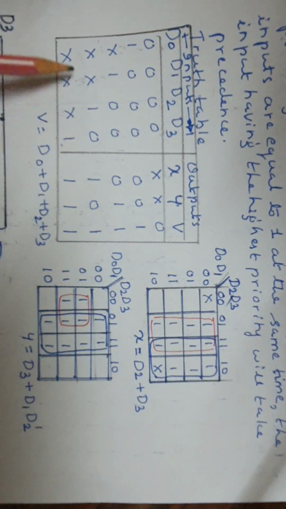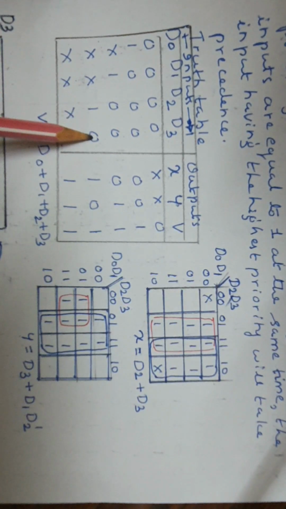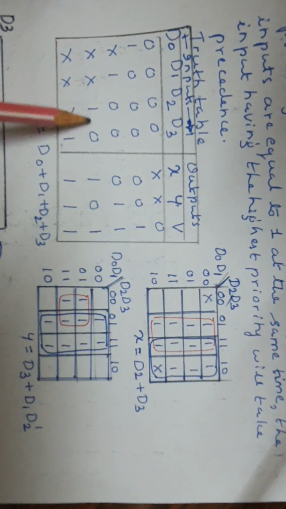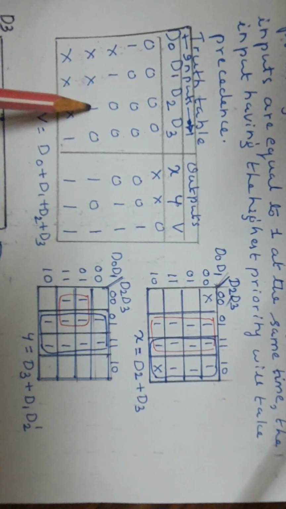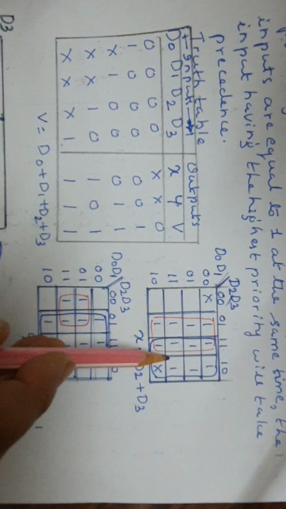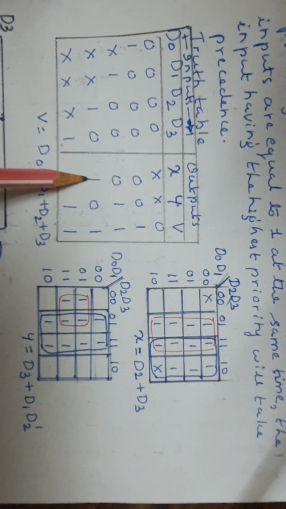Which are the 4 conditions? 0010, 0110, 1010, 1110. X output is 1 for these and that is filled here.